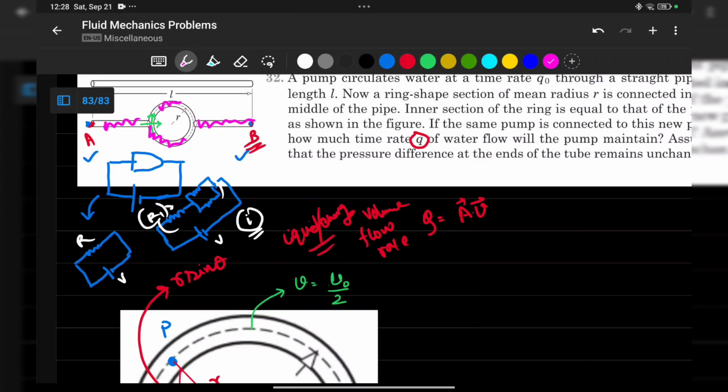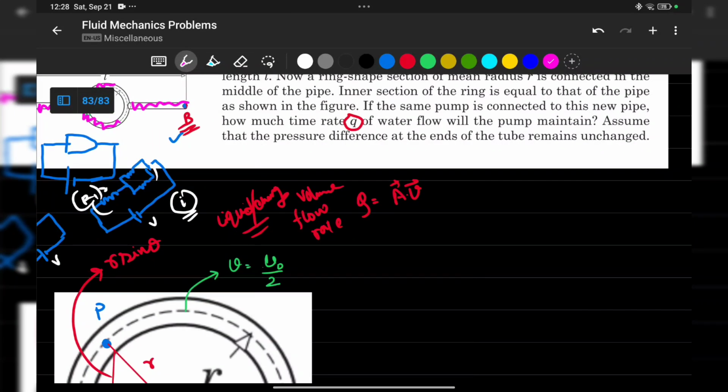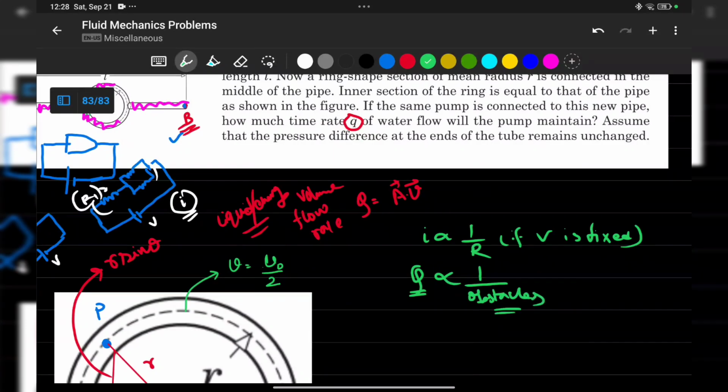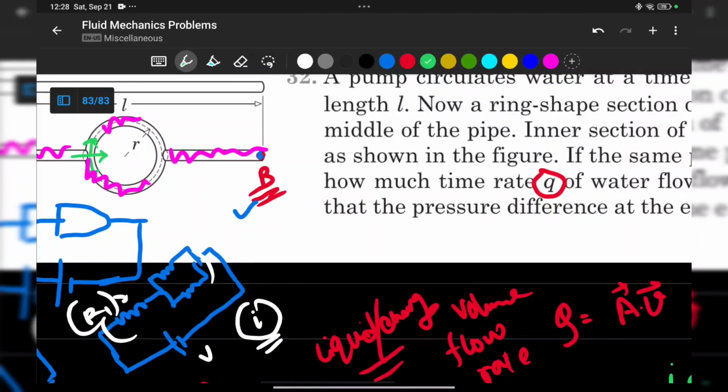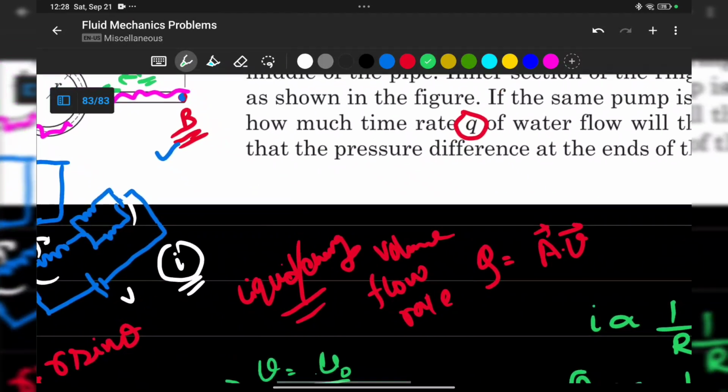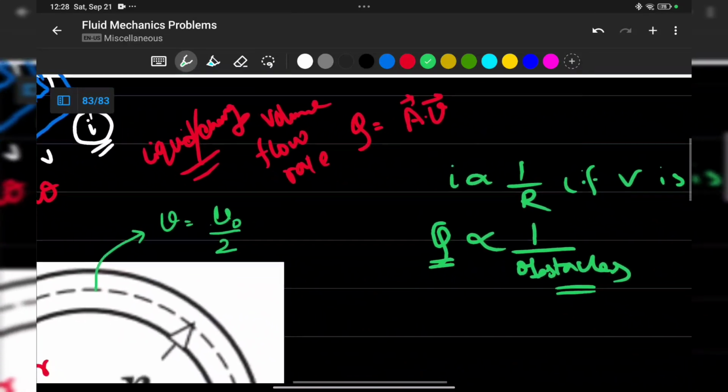We have studied in current electricity that the current I is inversely proportional to R if V is fixed. Here also this q, the volume flow rate, varies as 1 by obstacles, you can say. Obstacles means this pipe has some frictional force, and these are the things which will obstruct the flow.